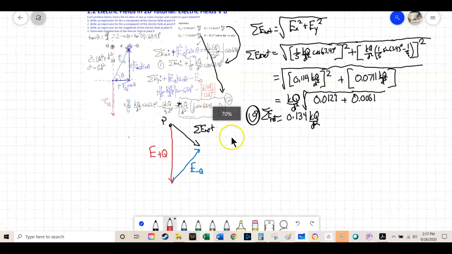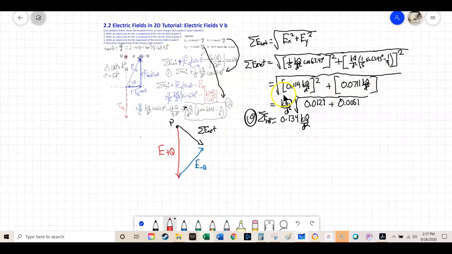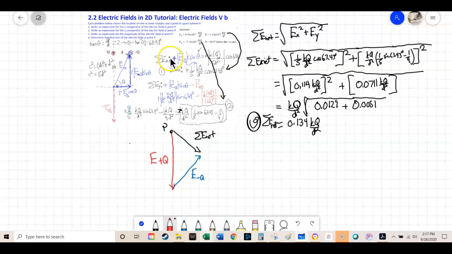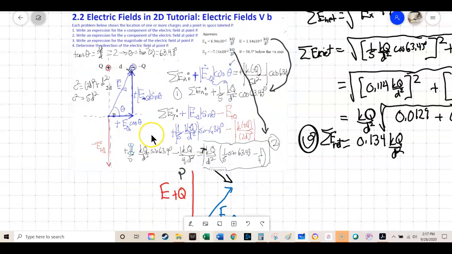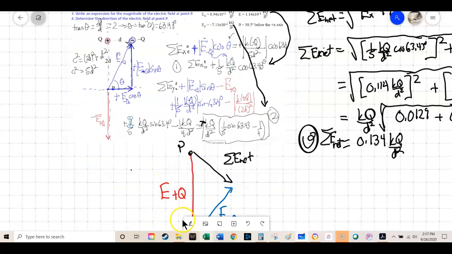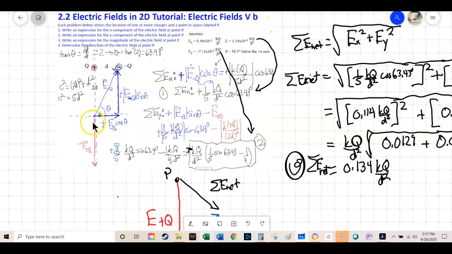Right? So here's your example of how to do something where you have two charges off center from the data point, and I'll zoom in on this. Two charges point off center. So I'd put a data point right here in the center, is where the other problem was, but this one is off center.